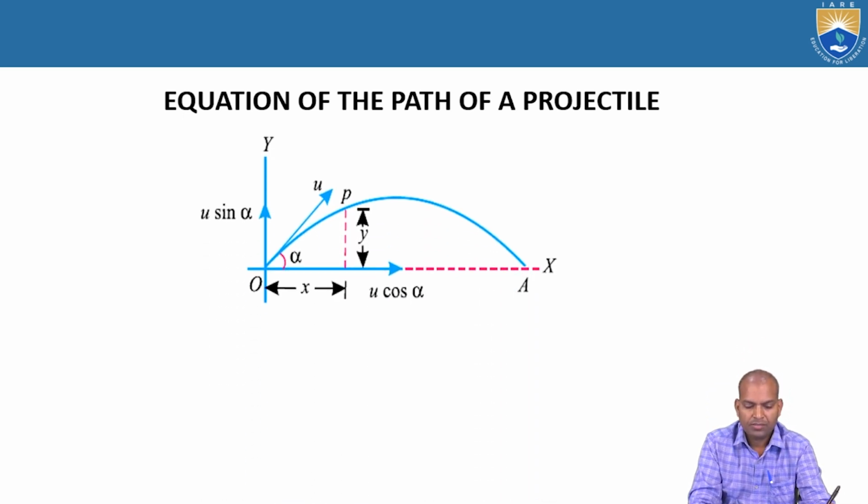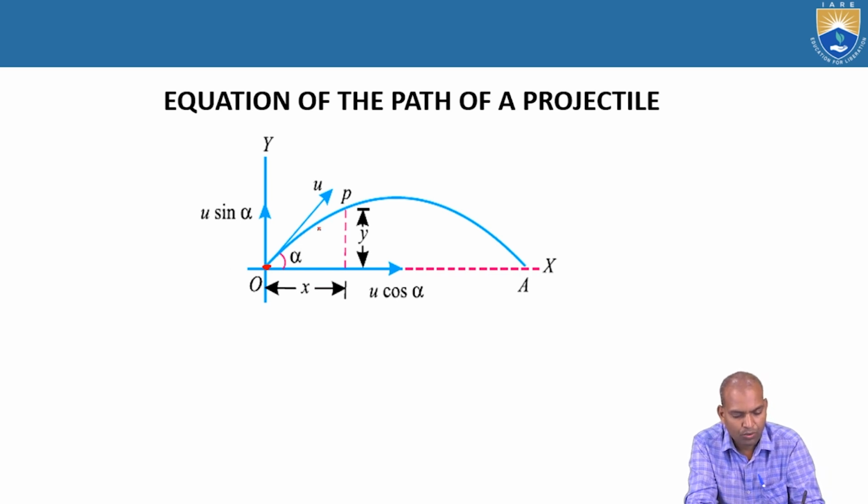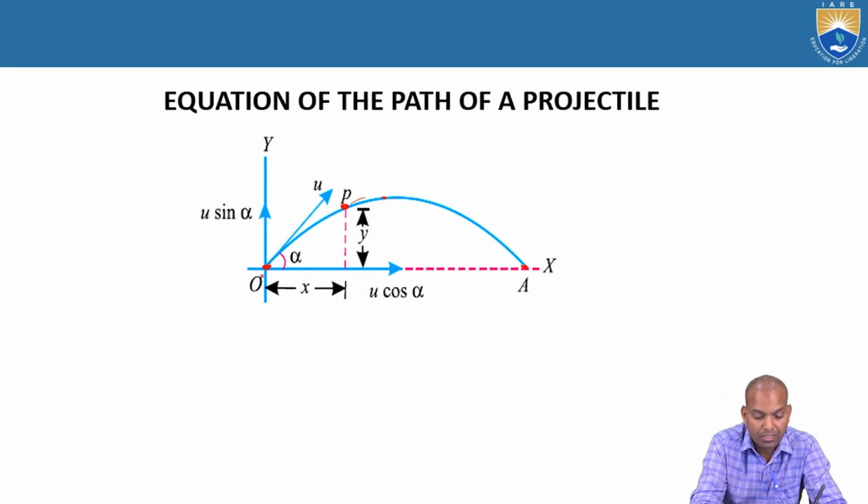The particle starts at O, is at P along the path, and reaches the maximum height, and the curve is OPA. The path of a projectile is a parabola. That's why this equation is the parabolic equation.